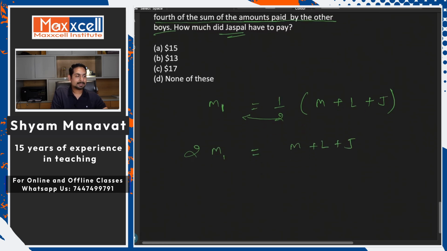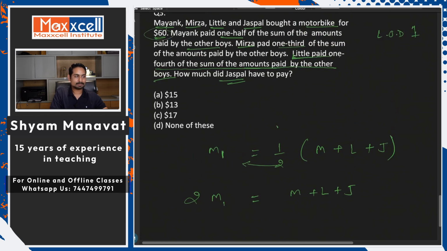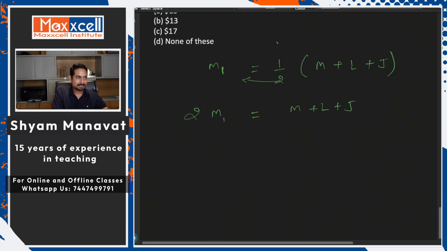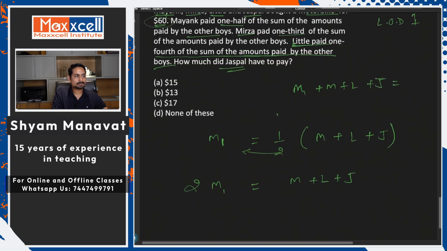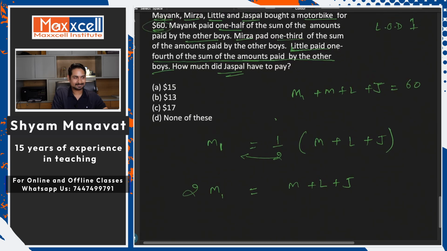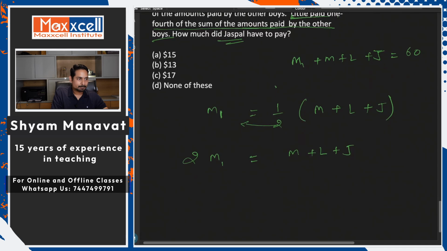Now tell me one thing. The question said the total they paid is $60. That means the sum of money paid by Mayank, Mirza, Little and Jaspal must be equal to $60, right? It means Mirza, Little and Jaspal together should be 60 minus M1. Do you agree with me?